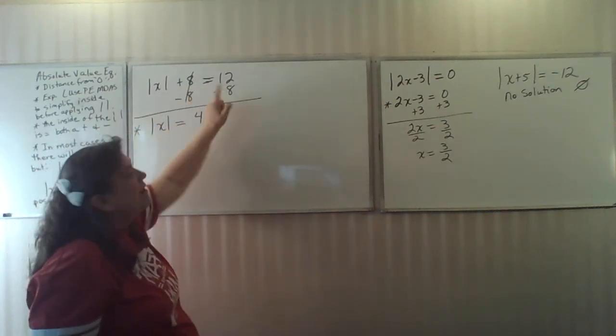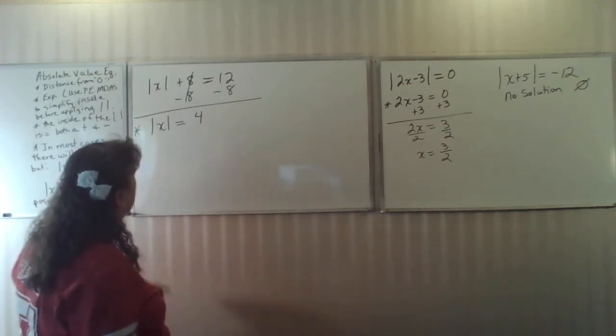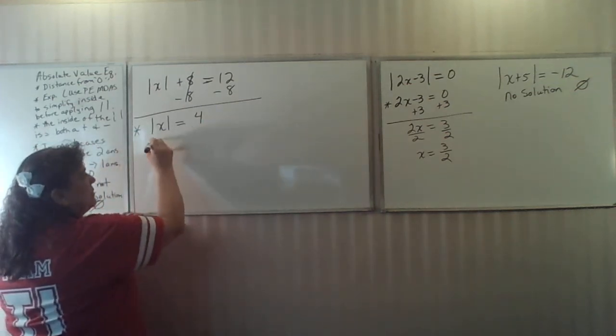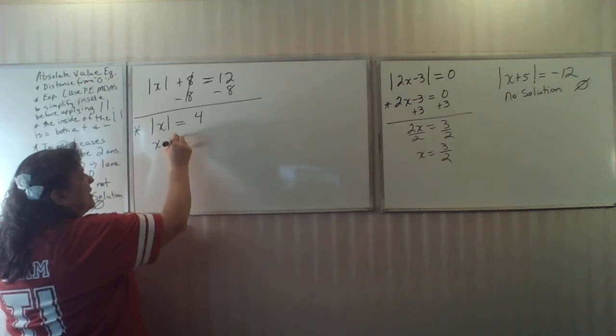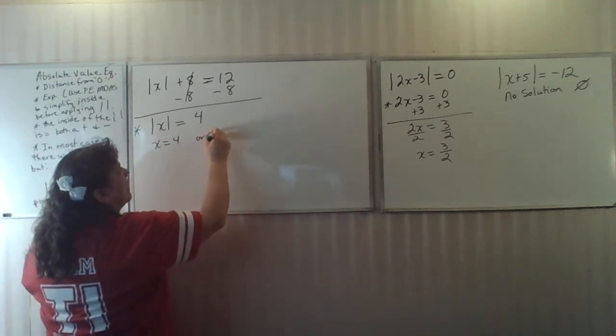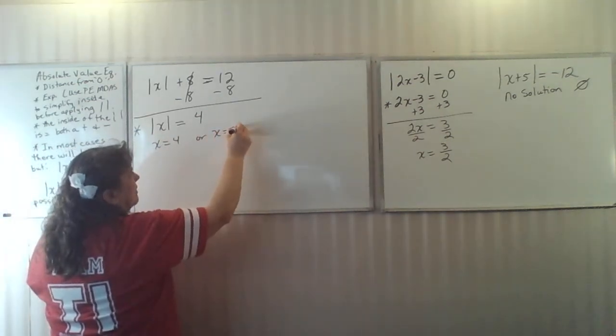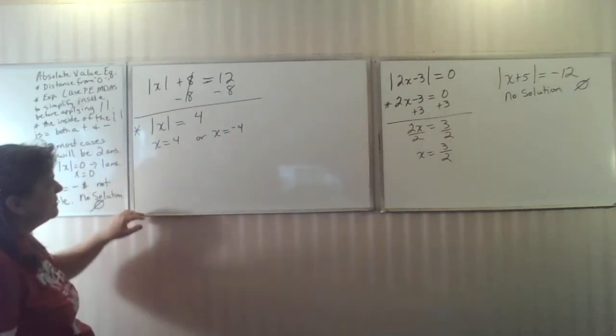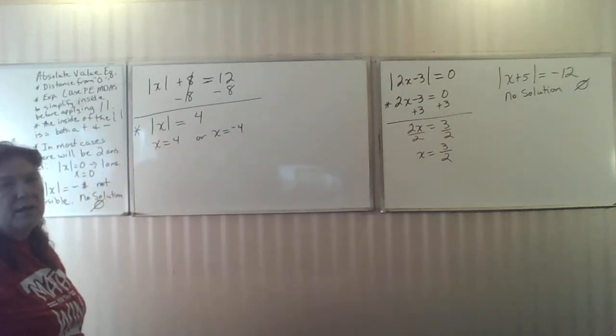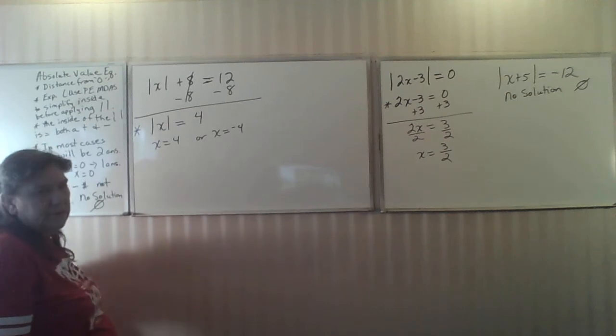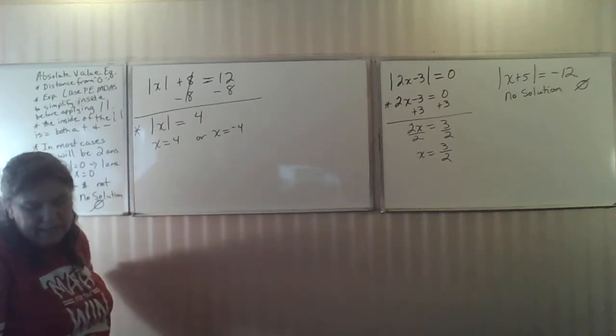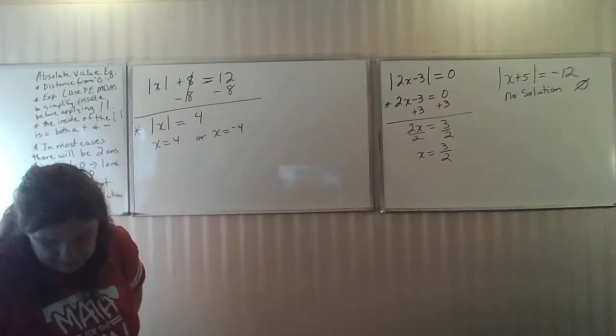Therefore, it can't have two possible solutions at that point. It's here that you have two possible solutions: x equals 4 or x equals negative 4. Because x is all alone inside there, there's not much to do once you isolate it. So you've got to isolate that absolute value first.